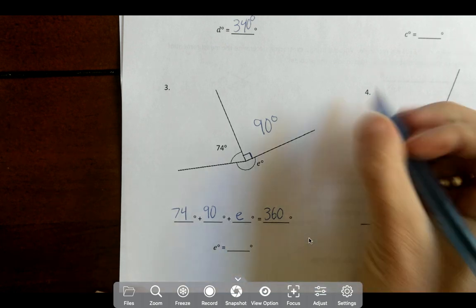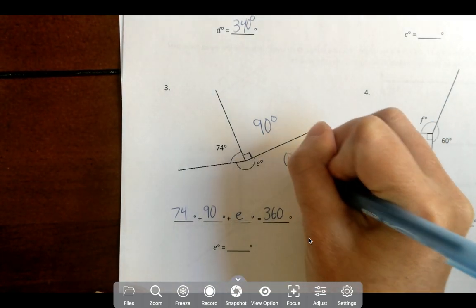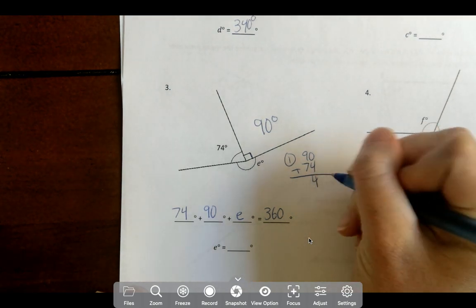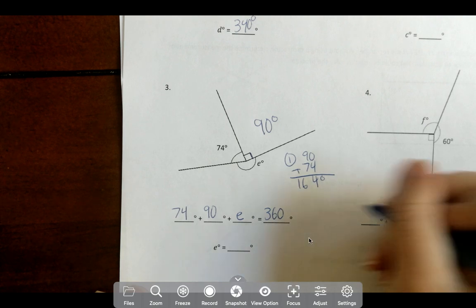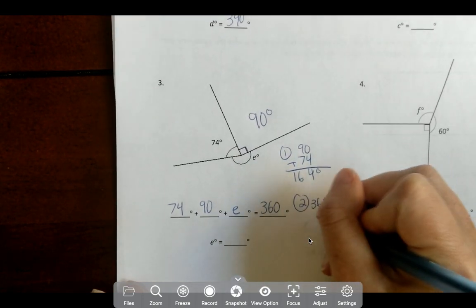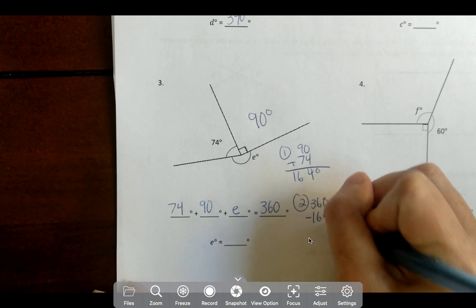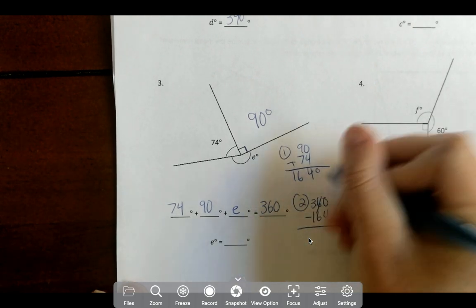From yesterday's lesson, remember the first step is to add 90 plus 74. 0 plus 4 is 4, 9 plus 7 is 16, so 164. Now step 2, we have to subtract. 360 minus 164. 0 minus 4 we can't do.